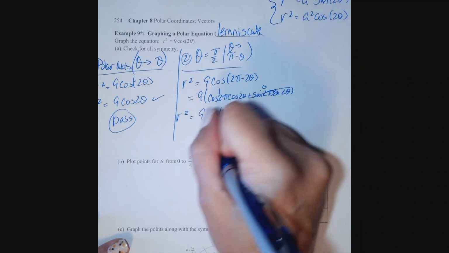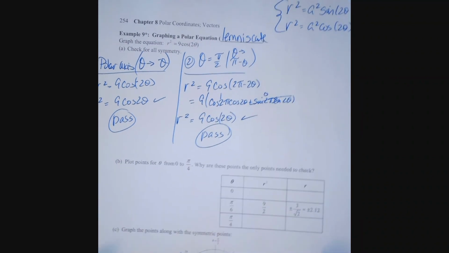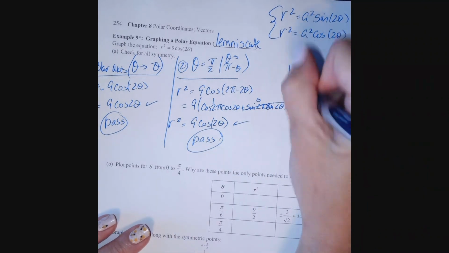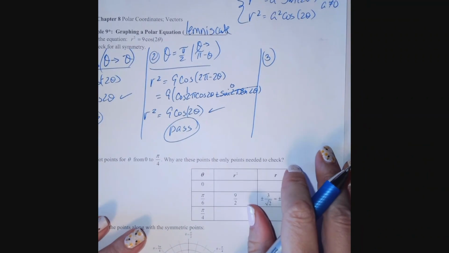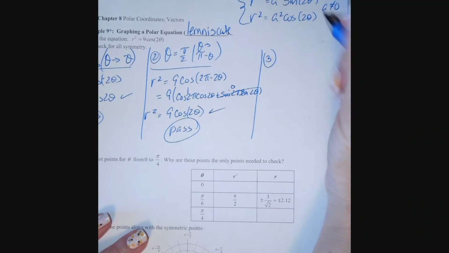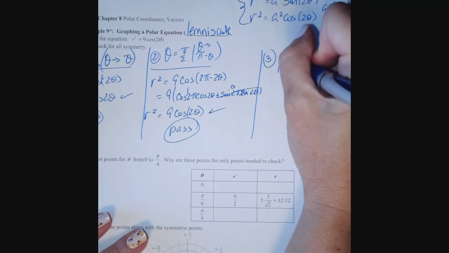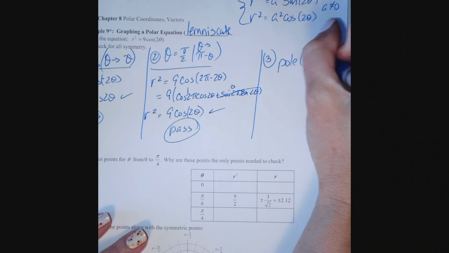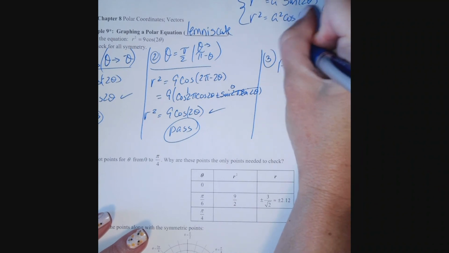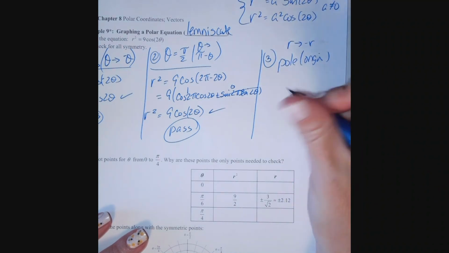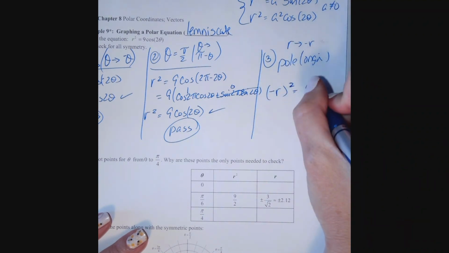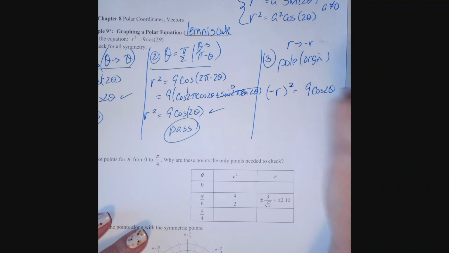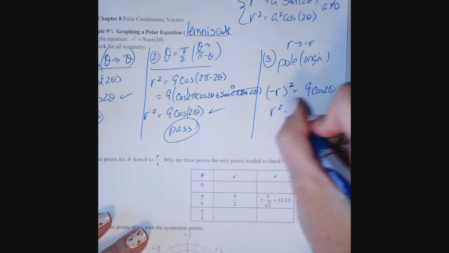And again, that checks. That's what I started with, so that's another pass, which tells you that I should pass this third test. If it doesn't, though, it's okay, because I know I have origin symmetry because I have the other two. Let's see if this is going to pass, replacing r with negative r. Well, that would be negative r quantity squared equals 9 cosine of 2 theta, and yes, it sure does.